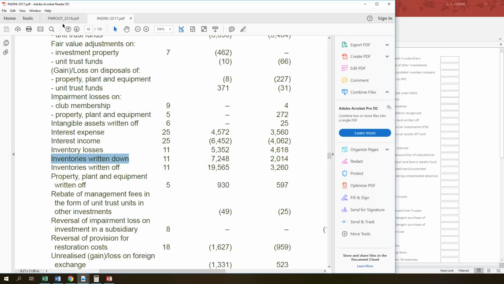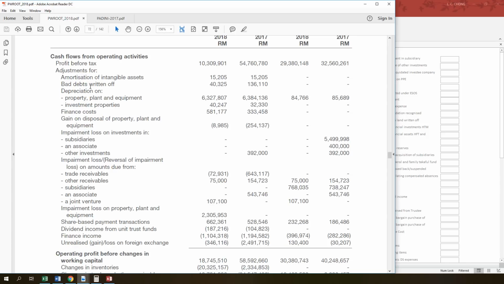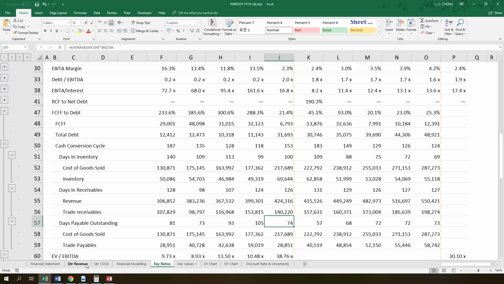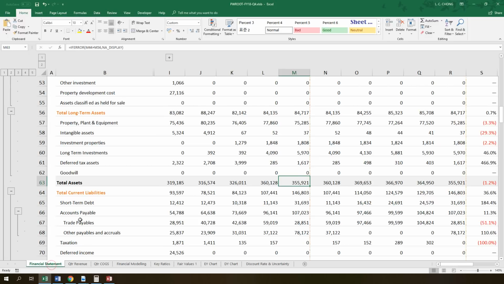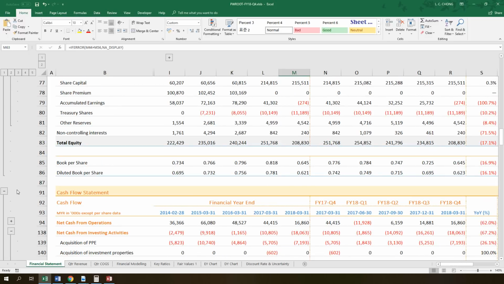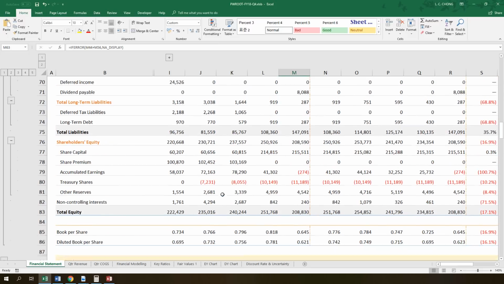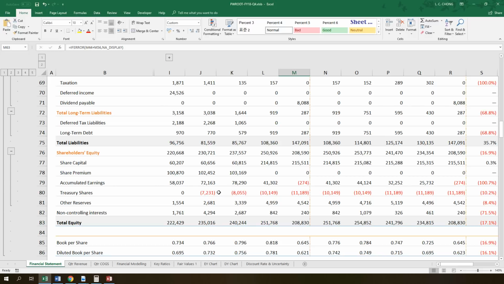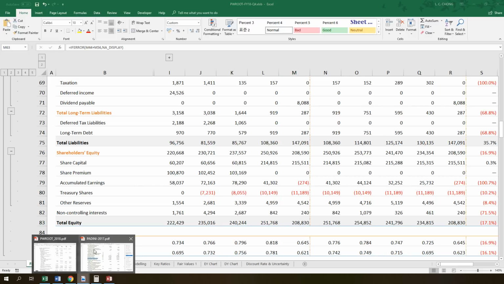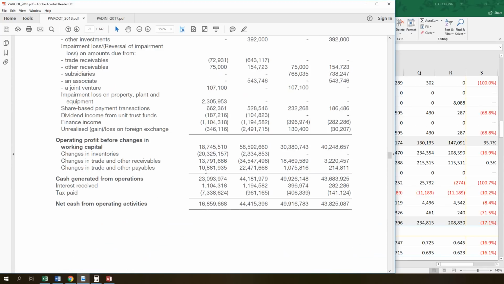But the funny thing is, the balance sheet of Power Root is balanced, so it means somehow and somewhere the 2.8 million was adjusted in the cash flow statement, but it is not shown here.